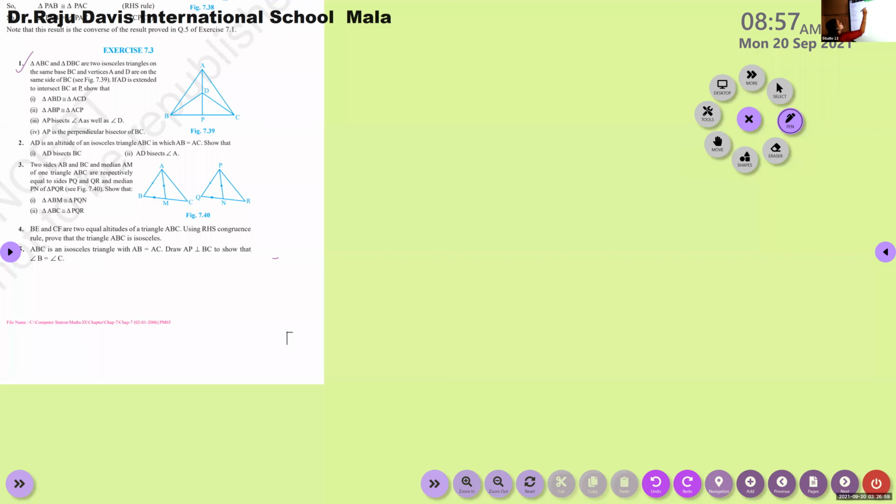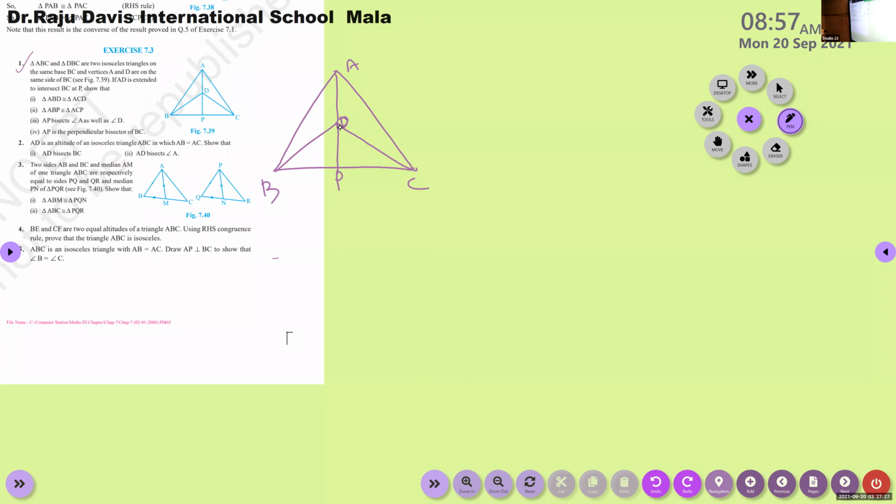We have two isosceles triangles, ABC and DBC, and AD is extended to P also.